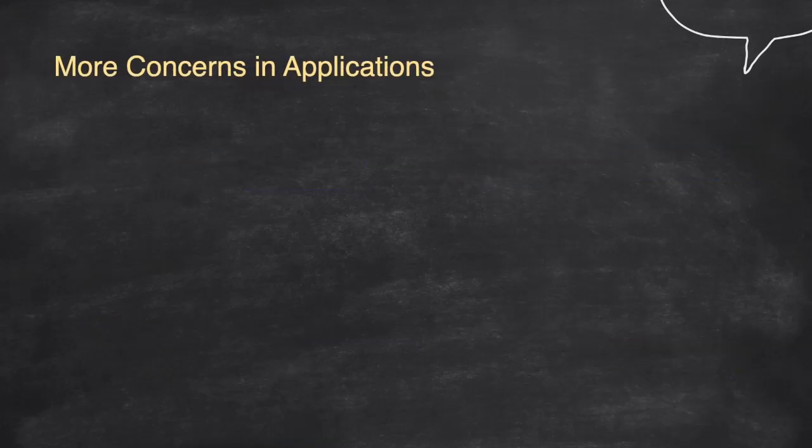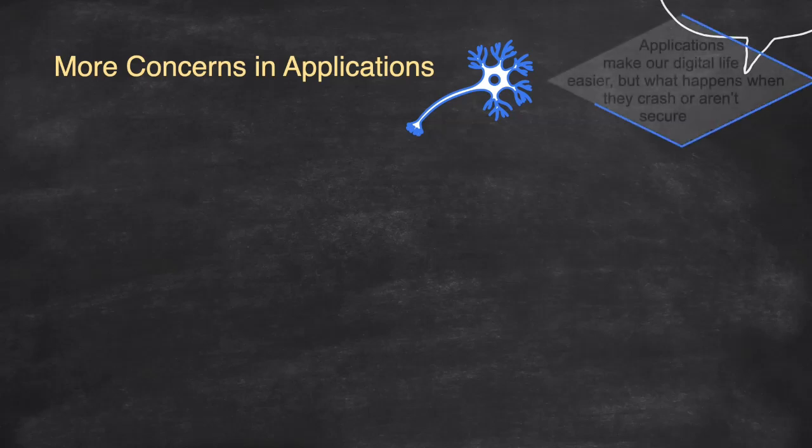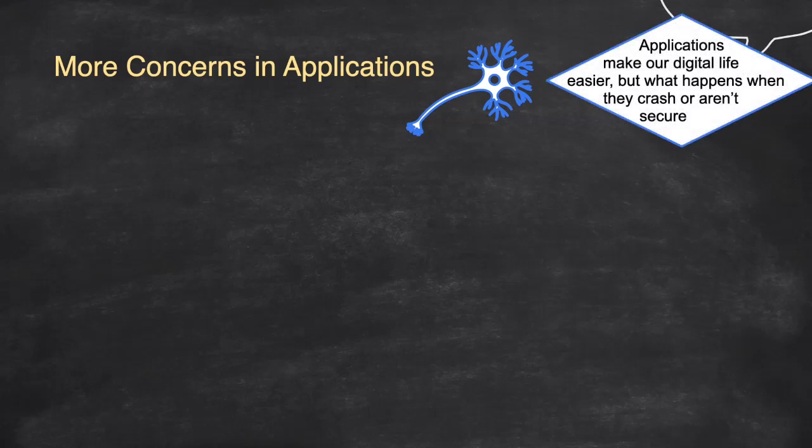Moving next, let's talk about some more concerns in the application. Friends, applications face accidental concerns that can affect their performance and security. These include issues like lack of logs, version control, source code, and access control.